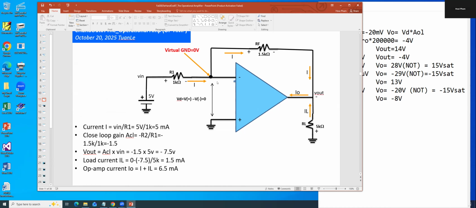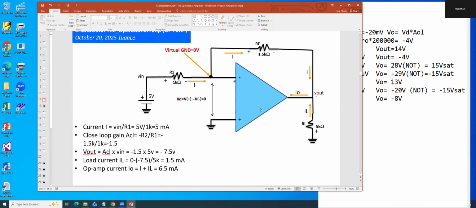Current I goes here, going up, goes to IF, and going down to this point, into the op-amp. The op-amp sinks current, puts the current in. Also, you can get the current from the load, IL, also coming in.